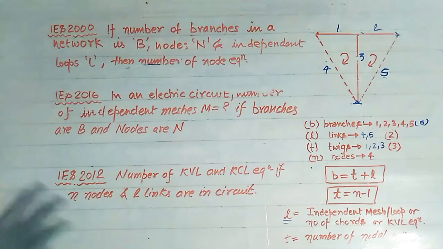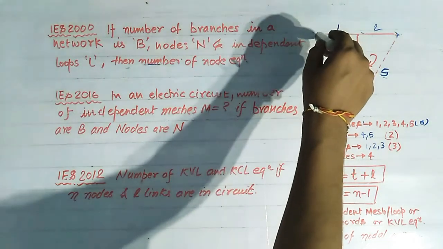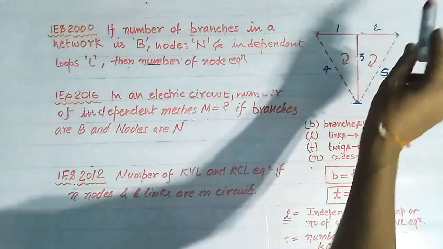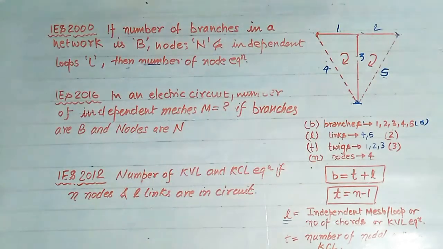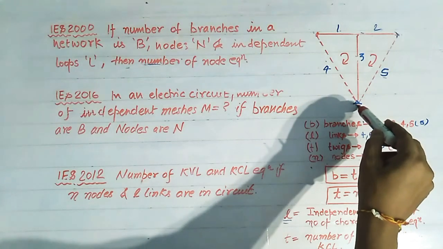Now what is the significance of twigs? Twigs is equal to the number of nodal equations or KCL equations. Why is it so? Because to apply the nodal equation we have to choose the nodes. Here first we choose this node, second node and third node, and out of all nodes we have to choose one reference node. Suppose this is the reference node.